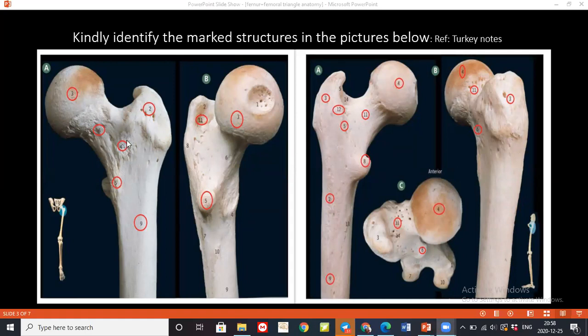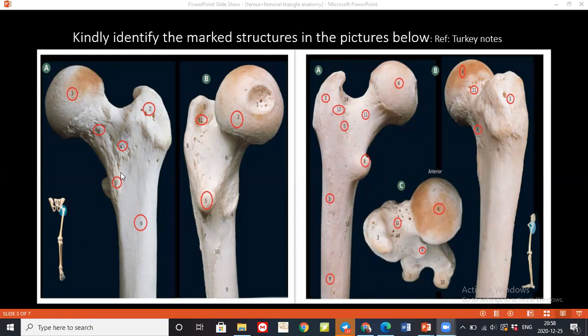What is attached here? I think it will be the insertion of quadratus femoris. Okay, we'll get back to it.